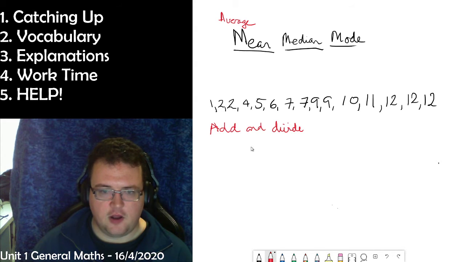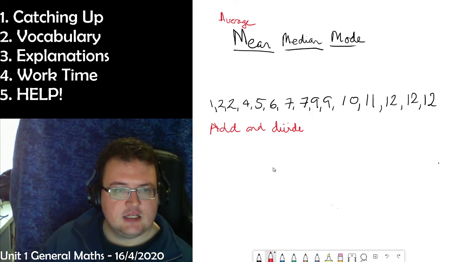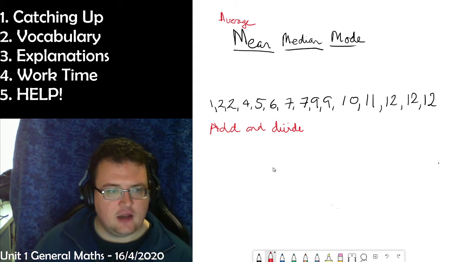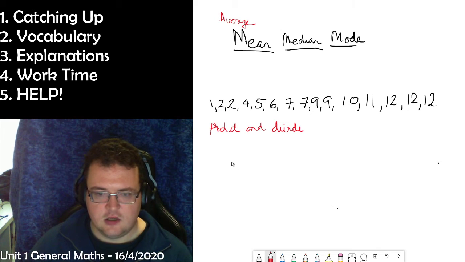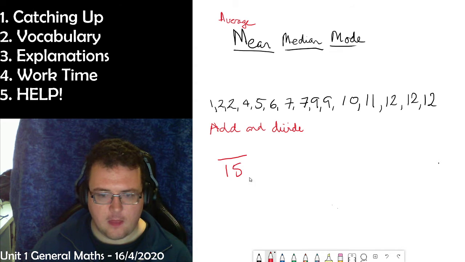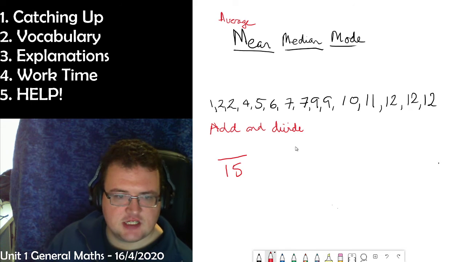So we're going to add them up and then divide. Has anyone got a calculator handy in the chat and would be able to quickly do that for me? Add them up and divide. There are 15 numbers there. What are they all added up? Someone is saying 86.